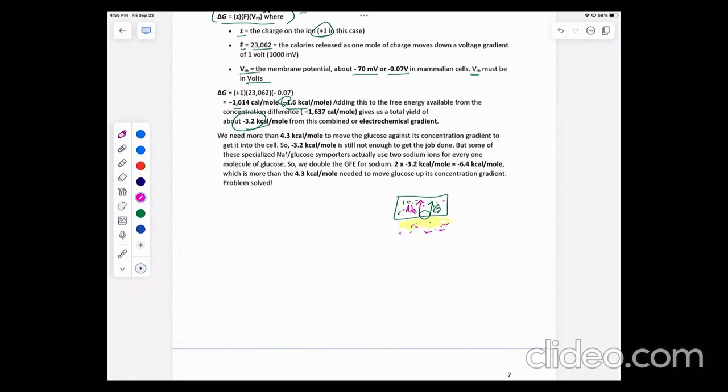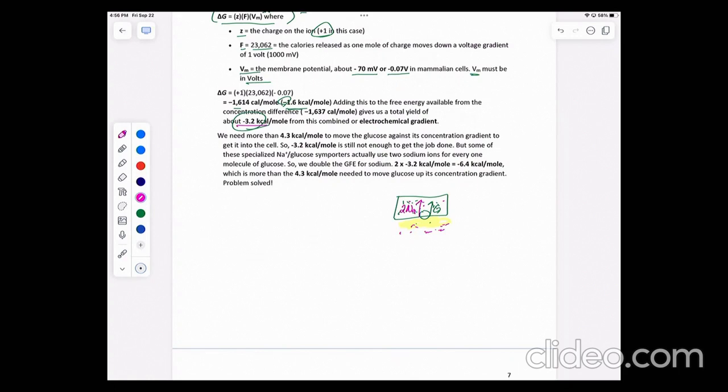Well, this system here, again, that's only going to give me minus 3.2 kilocalories. That's how much is going to be released. Not enough. But many of the symporters, the transporters that work in the kidney on this, many of them utilize 2 sodiums for every glucose.